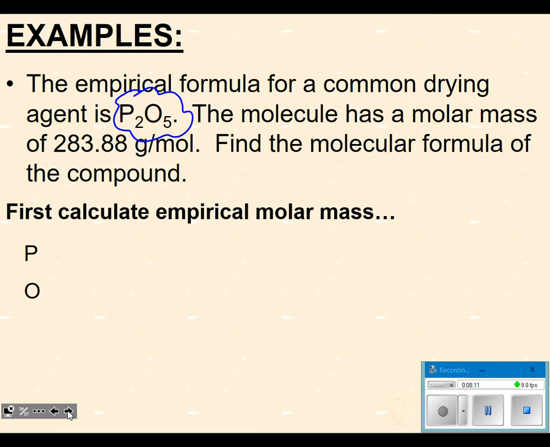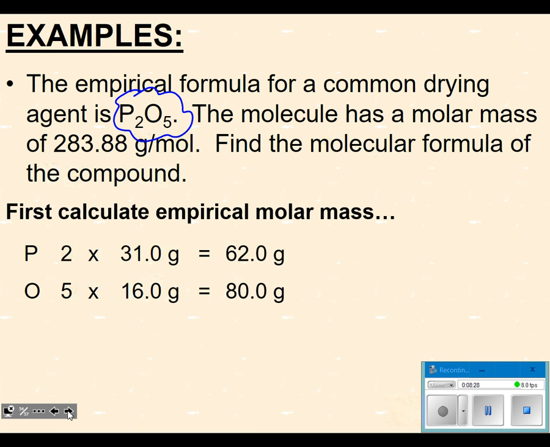So if I'm going to calculate the molar mass, it's phosphorus and oxygen, and so I have 2 phosphorus and 5 oxygens. So phosphorus is 31.0 grams, oxygen is 16.0 grams, and so when I multiply them, I get 62.0 grams for phosphorus and 80.0 grams for oxygen. If I add those two together, I would get my GFM, or my molar mass, of P2O5 to be 142.0 grams per mole. Okay, now that I have that, I have to find my ratio that I need to multiply my subscripts by.